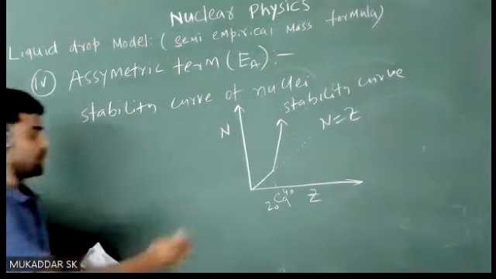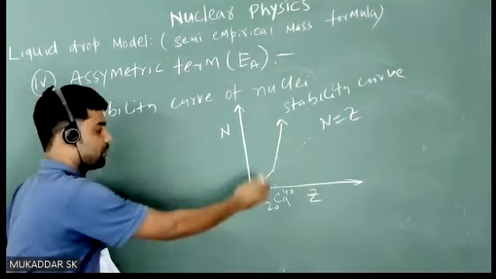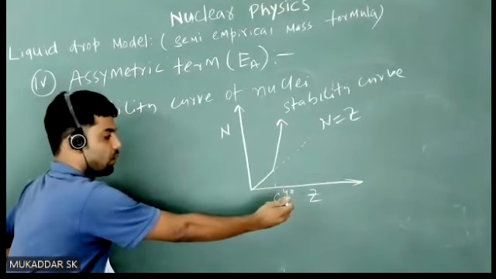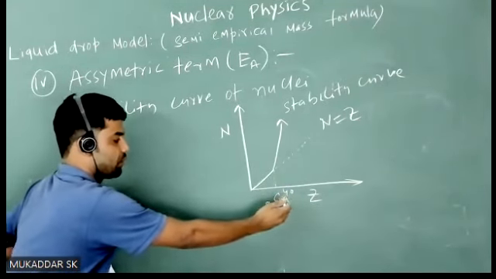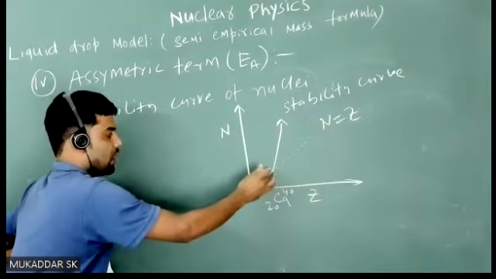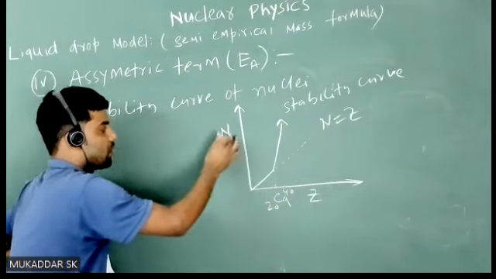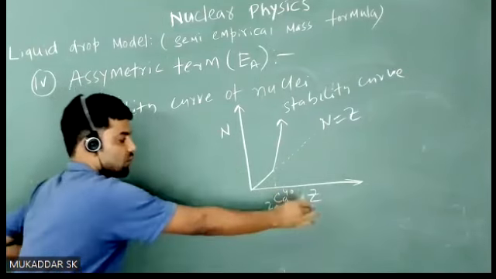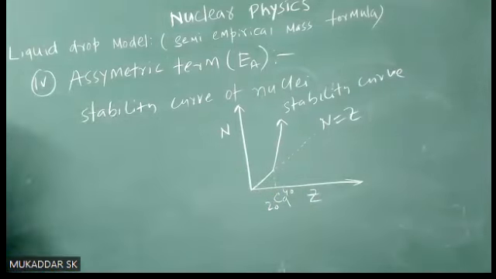So stable isotopes follow this solid curve. Up to calcium 40, it exactly followed that N equals Z line. But after that, the increment of number of neutrons is large as compared to number of protons.